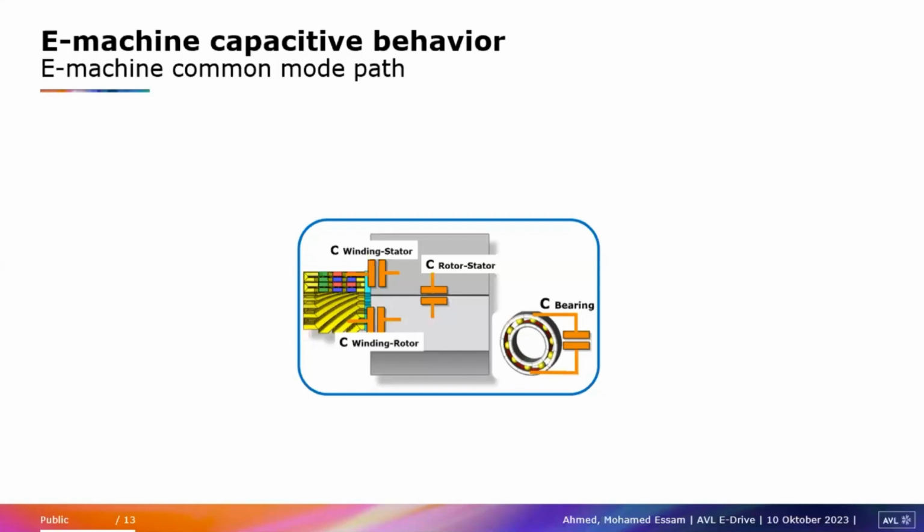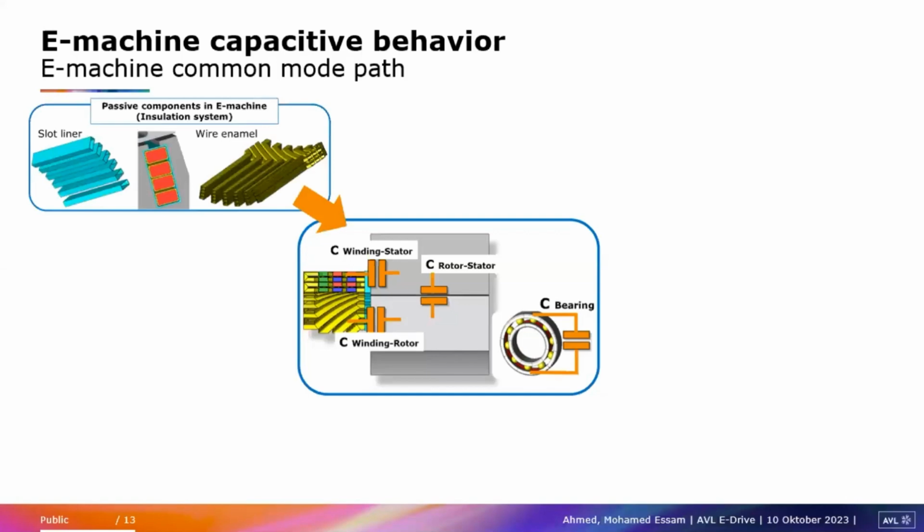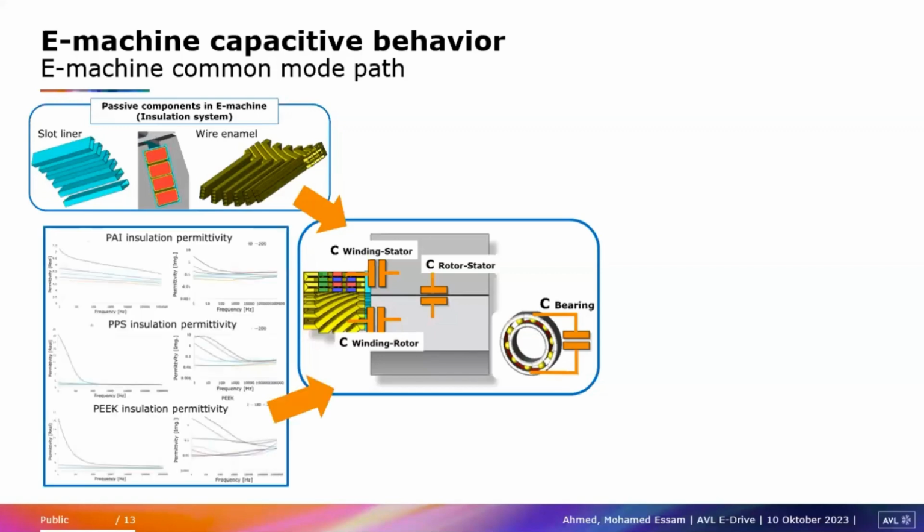And what is actually affecting this capacitive behavior? So first, the passive components in the E-machine, the insulation system. So anything with permittivity, basically. So the geometry, for example, of the slot liners, the slot paper, the wire enamel or the hairpin coating, the geometries of it will have an effect on this capacitance, and the material itself of the insulation.